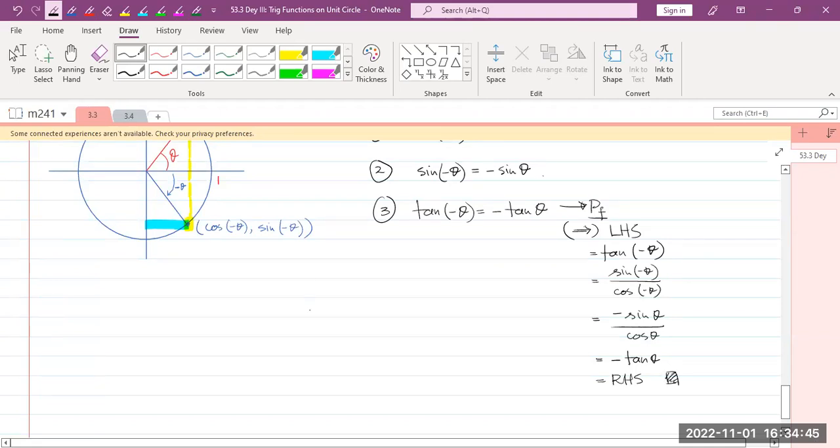Now with the same ideas, you will see later on that, for example, secant negative theta is secant theta.